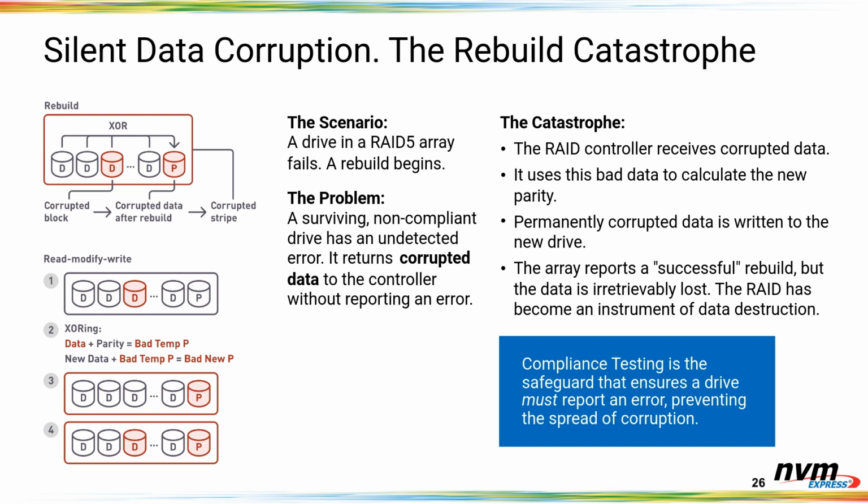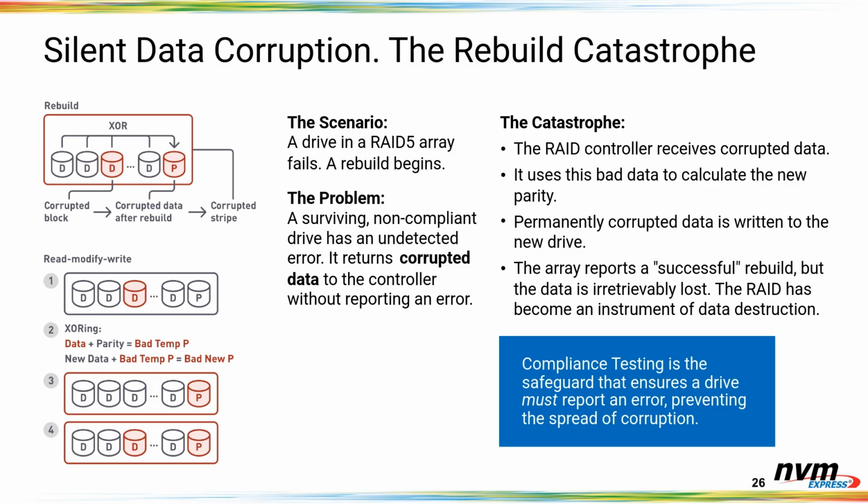If we have silent data corruption in the drive, and after that a different drive fails, then typically we have wrong parity. And when we try to rebuild the failed drives, we get failed data, which is absolutely critical.